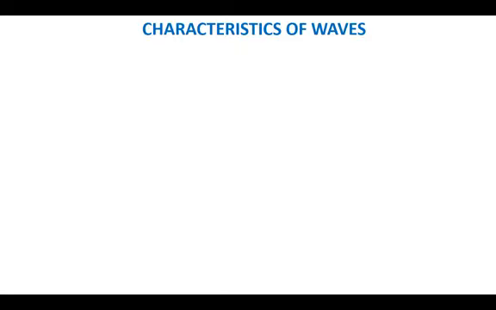So characteristics of waves, we have the displacement. A wave can be displaced from one point to another, and this displacement can easily be defined as the distance that is moved in a particular direction.